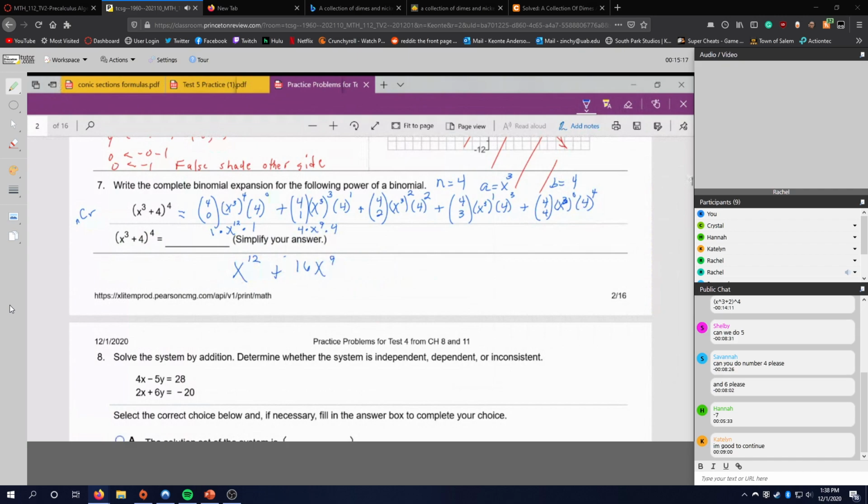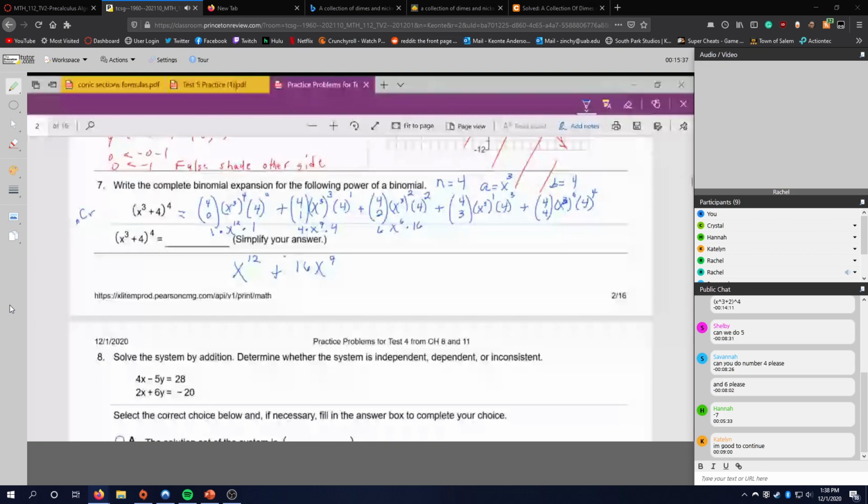And you really have to work this out. You can't just guess what those exponents are going to be. You really have to work it out. Power to a power, you multiply. Now, 4 combination 2 is 6 x to the 6th. 4 squared is 16.